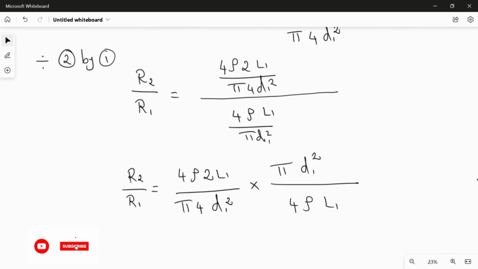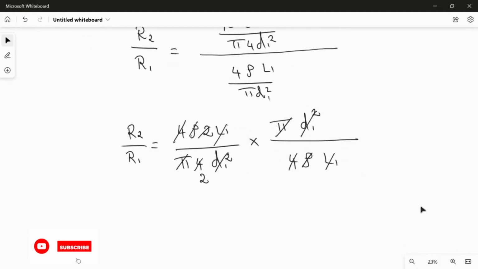Now we can cancel the same terms. We can cancel 4 with 4, rho with rho, and L1 with L1. Likewise, we can cancel pi with pi, and d1 squared with d1 squared. For the 2 and 4, 2 goes into 4 two times, so we have 1 over 2.